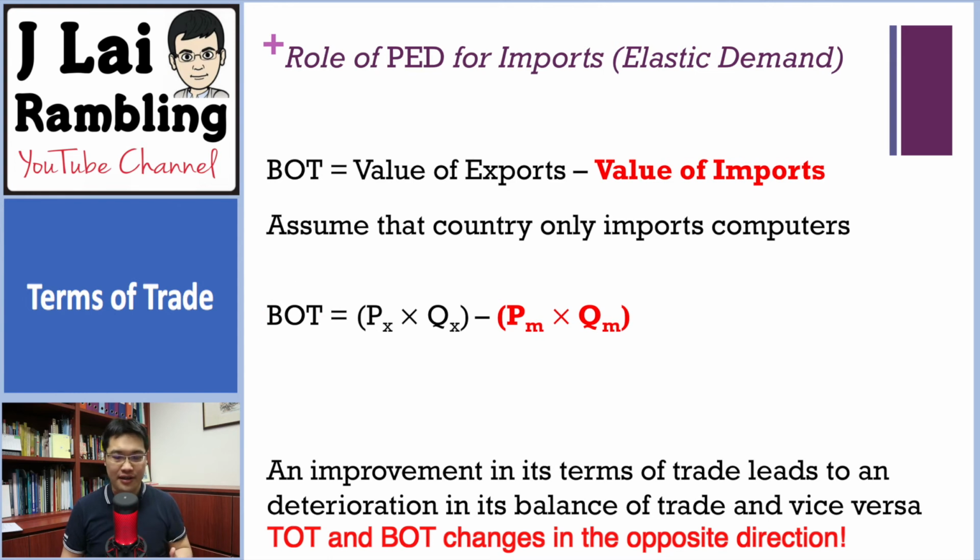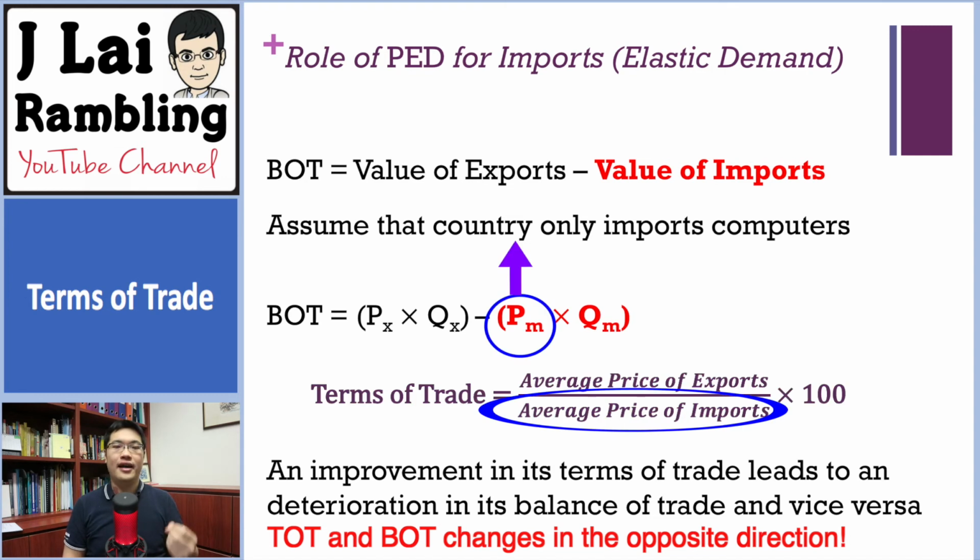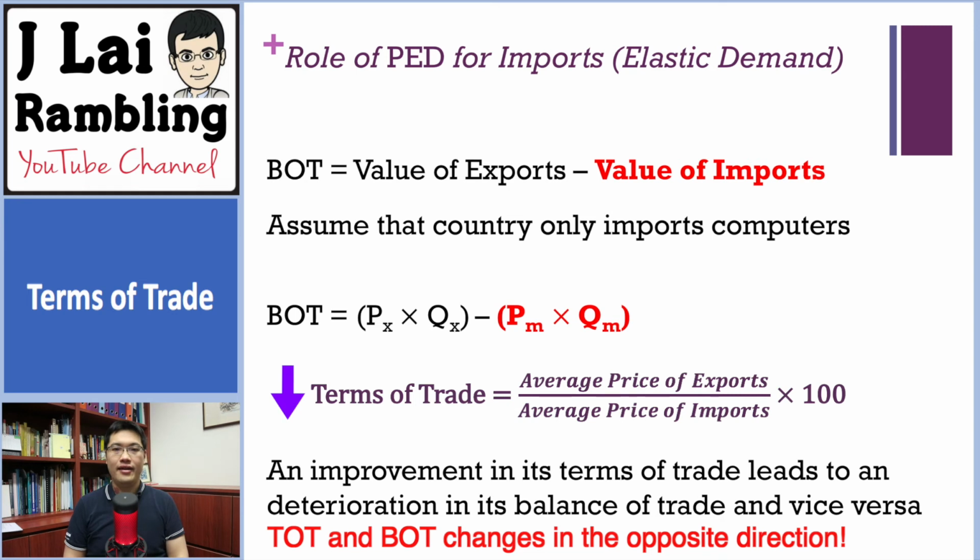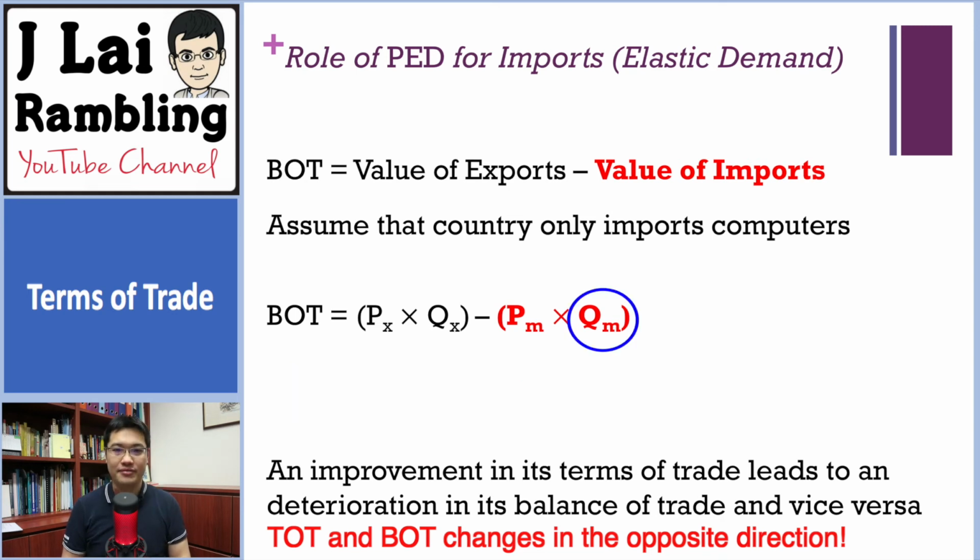Why is it vice versa? Let's look at the case where the prices of computer imports increase. Given that it is an elastic demand curve, when the price of imports increases, that is a deterioration in the terms of trade, okay? And what happens to the quantity of imports? The quantity of imports drops significantly, okay?